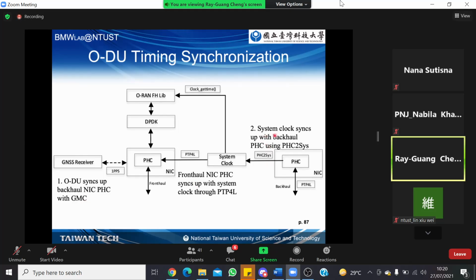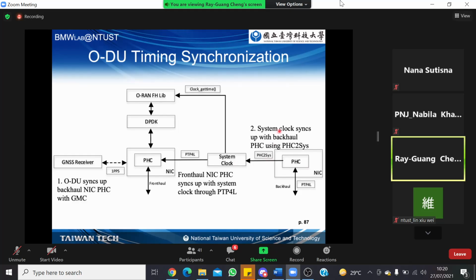Then for the system clock, you will also have another NIC. This one is for the clock timing source, but this one is to synchronize among different ODUs.